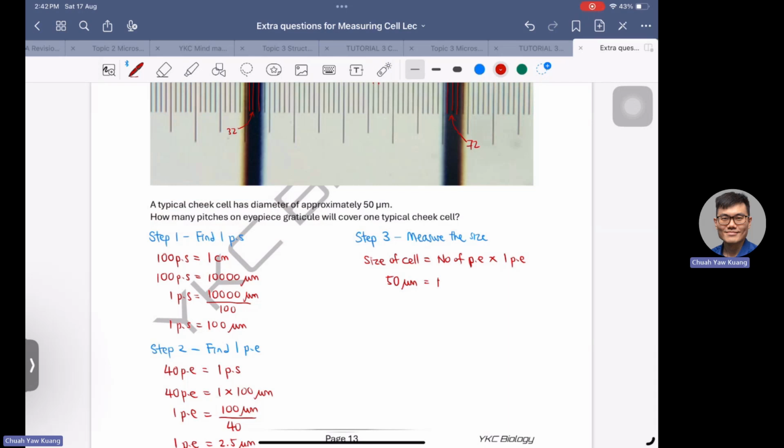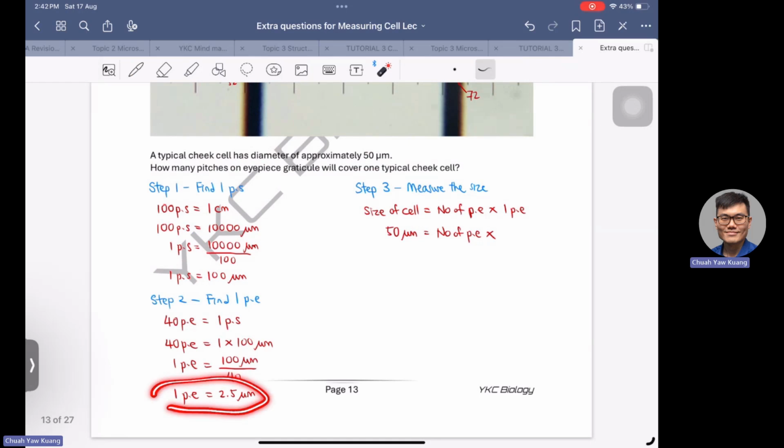Okay, so we will just write it down. Number of the pitch on the eyepiece reticule times the length of one pitch on the eyepiece reticule. This one is what we have calculated just now. 1 PE is equal to 2.5 micrometer. So with that, we rearrange it.